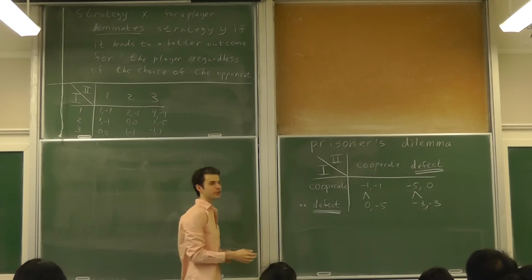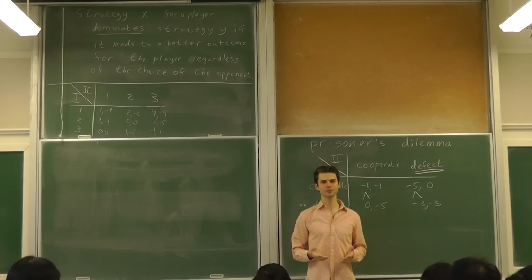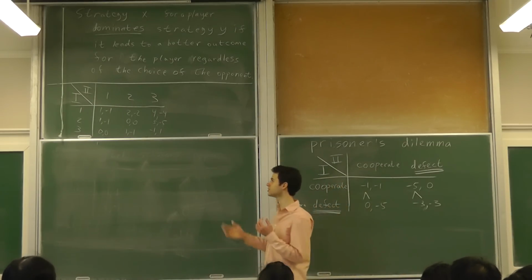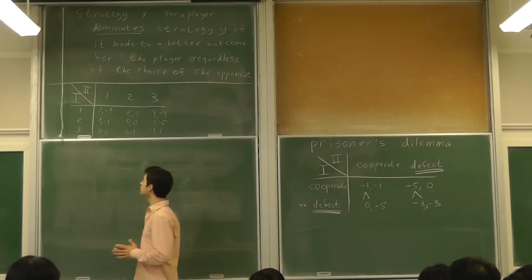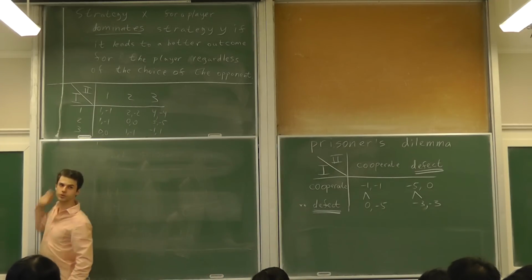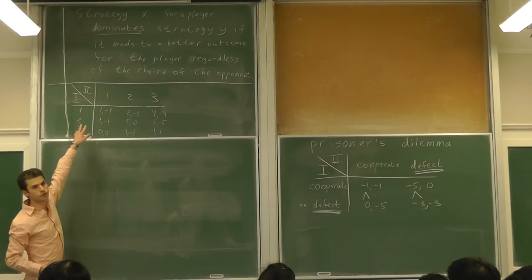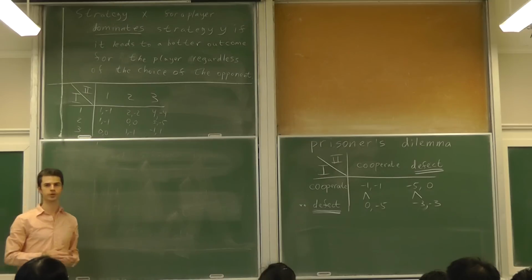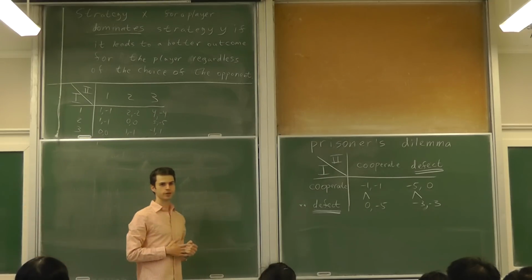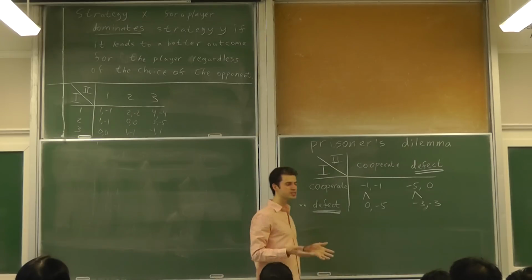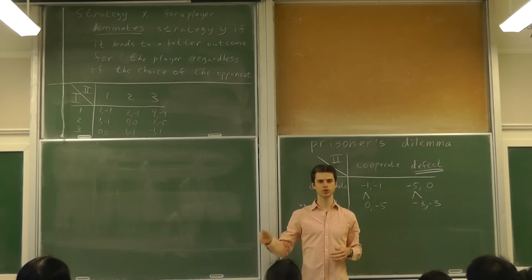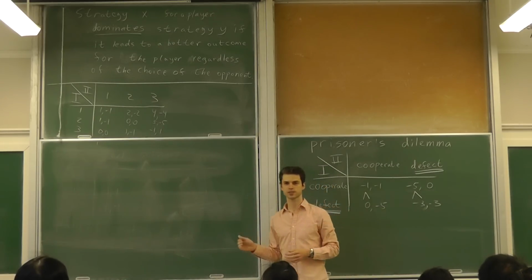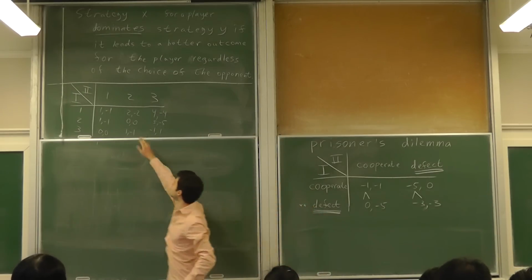As usual, it's better to have some kind of nice story about this game. So let's say that this game is about company 1 trying to introduce a new product and to take market share away from company number 2. They have a choice of their pricing strategy: to price low, price high, or price intermediate.